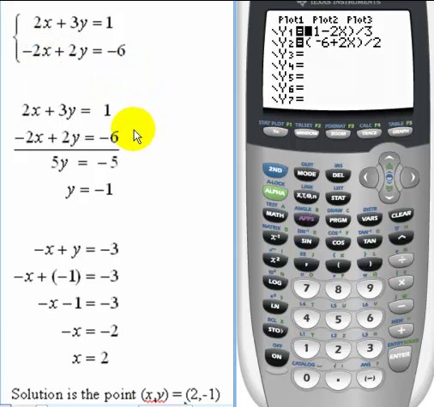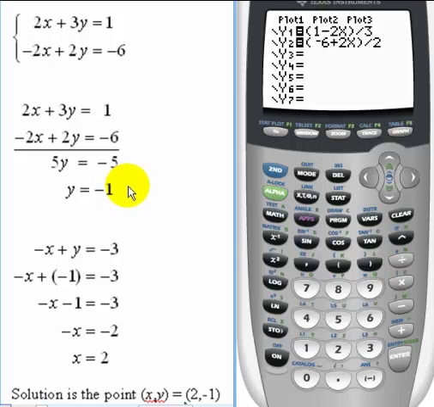So down here in this step, I'm actually adding together, even though you don't see a plus sign over here. That really is what I'm doing, adding together the zeros. The x's become 0. I get 5y equals negative 5. And then at this line, I'm dividing both sides by 5 to solve for y.